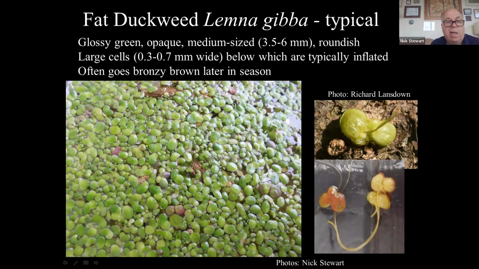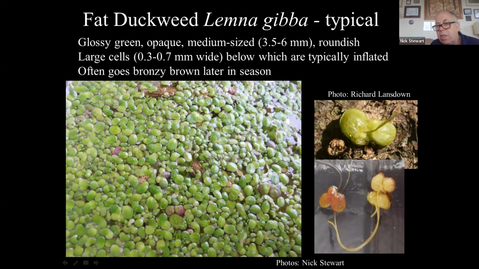However, as I'll come to in a minute, Lemna gibba is not always inflated, so you can get flat-leaved Lemna gibba. Which is where it becomes more complicated, because how do you separate that from Lemna minor? The thing is that even when they're not inflated, there should still be large cells on the underside.